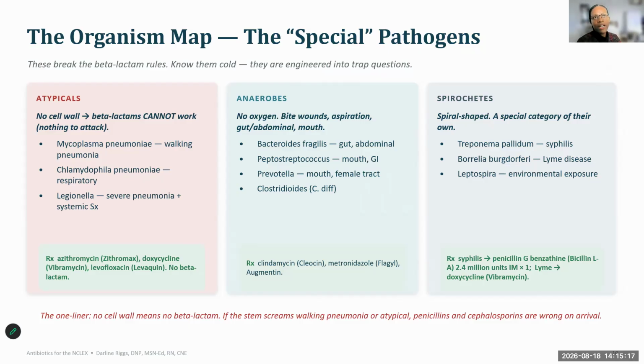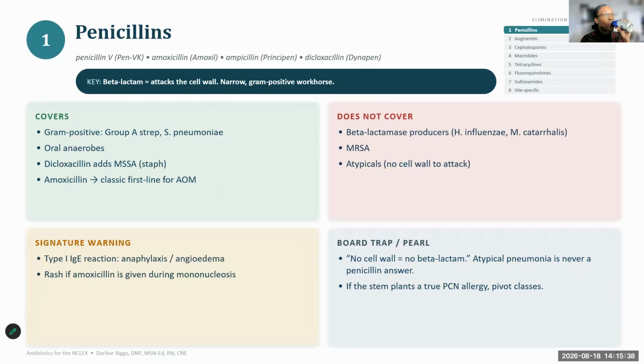With syphilis, especially, penicillin, 2.4 million units, IM injection, done. Lyme disease, doxy, okay? So pay attention with this whole cell wall or no cell wall. That alone tells you what direction and what antibiotic you should be heading towards, okay?